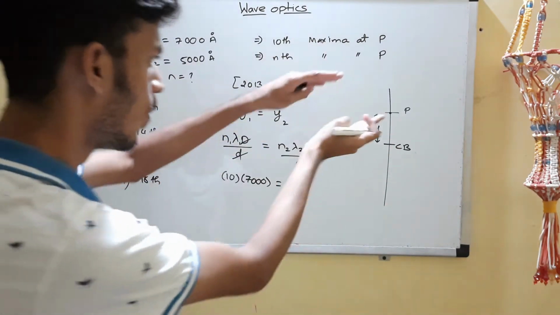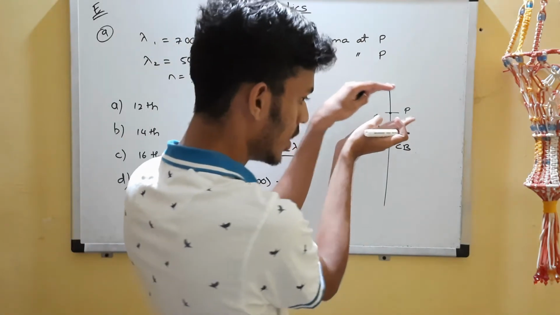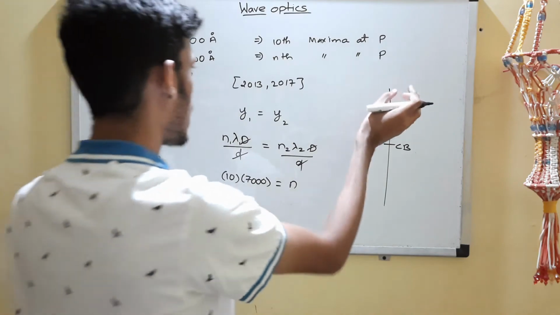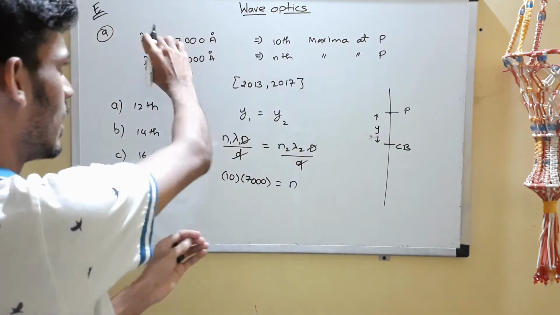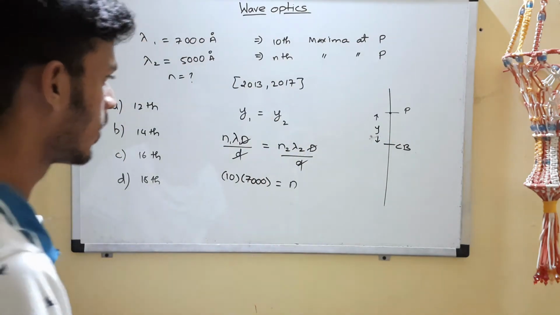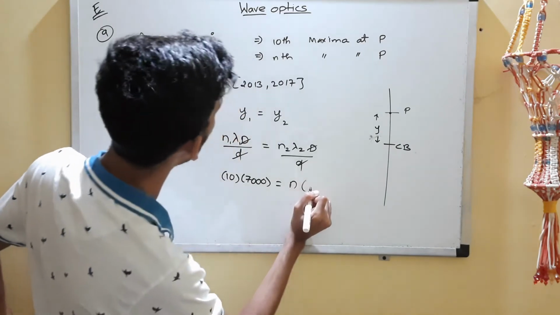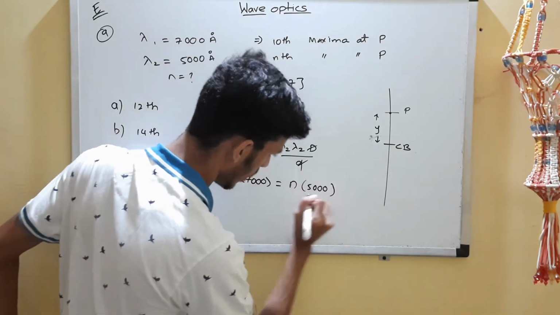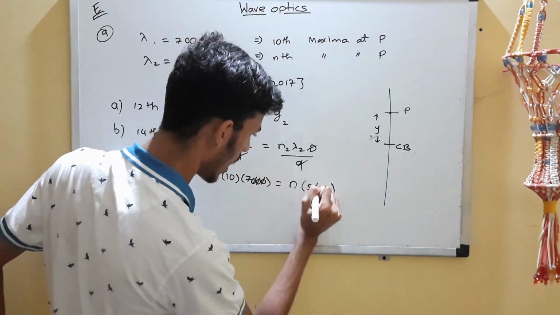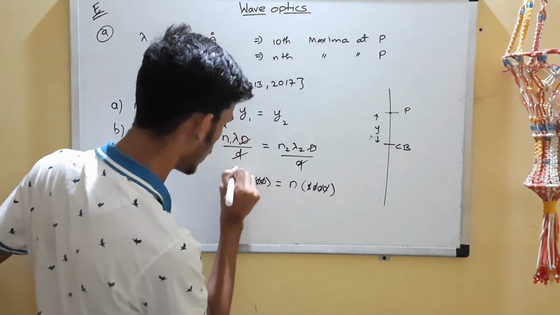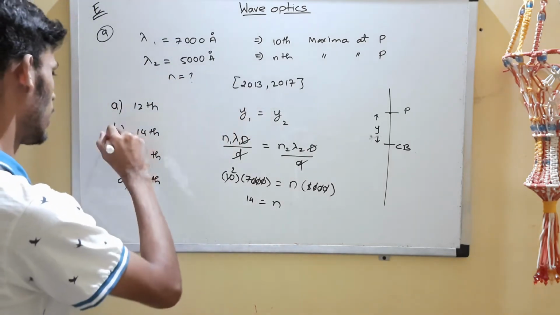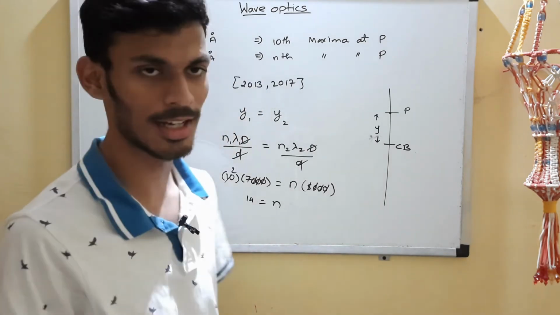What is the maximum number that occurs at point P in experiment number 2? And lambda 2 is 5000 angstroms. So this will cancel. 5 2s are 10, 7 2s are 14, so n is nothing but 14. So option B, 14, is the correct choice.